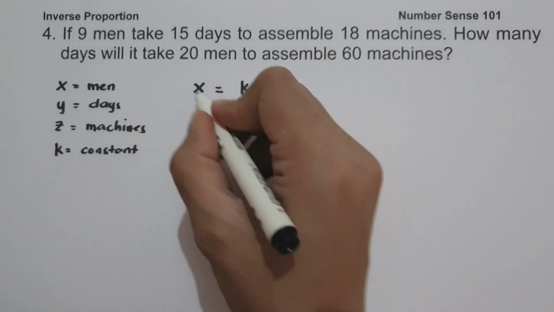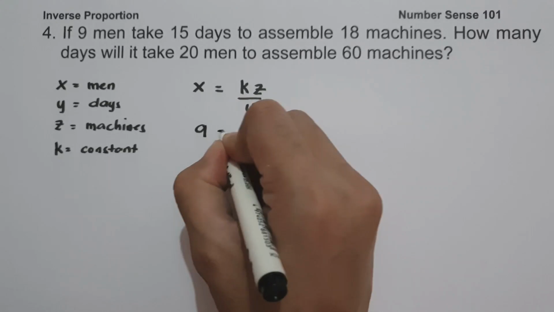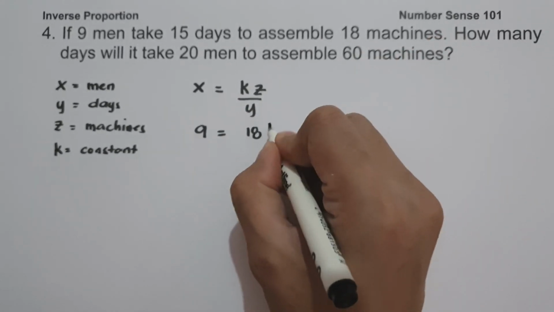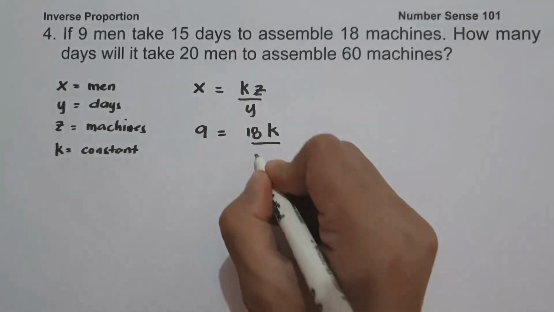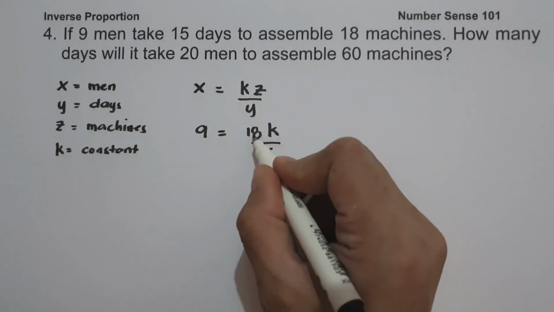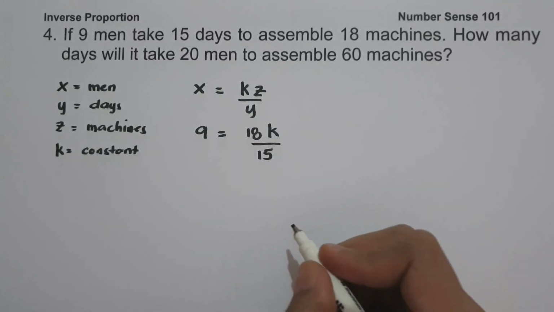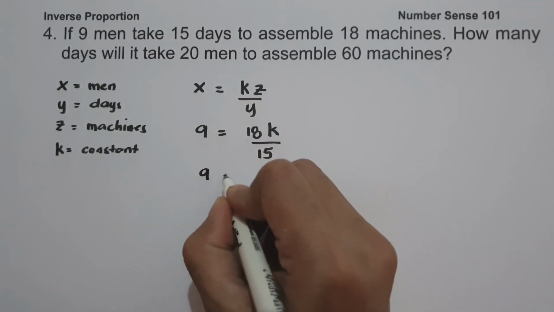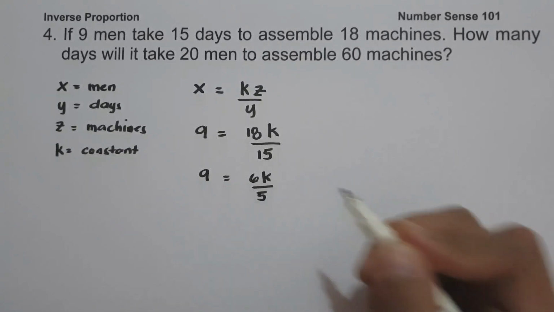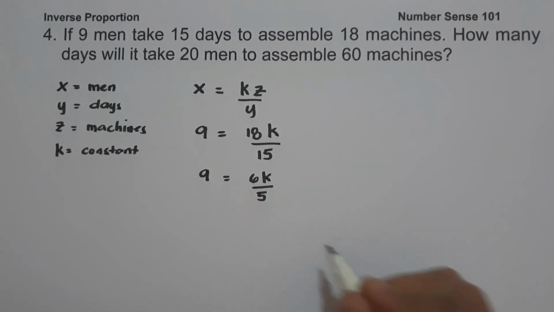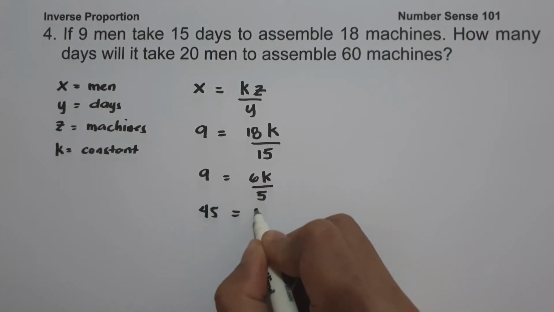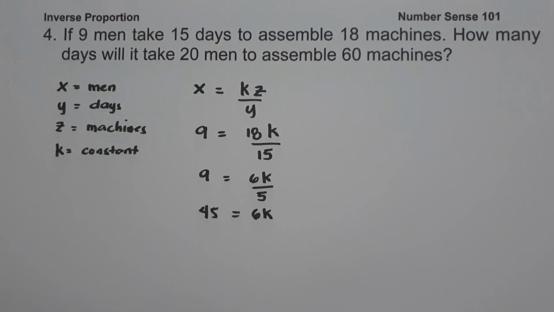So the value of x, that is 9, and then z, that is 18, and then let us have k over y, that is 15. Since we can simplify 18 and 15 because they are divisible by 3, it will give us 9 equals 6k over 5. And to simplify, let us have 5 times 9, that is 45, equals 6k.